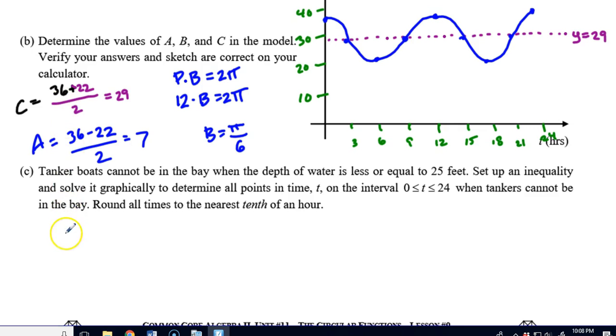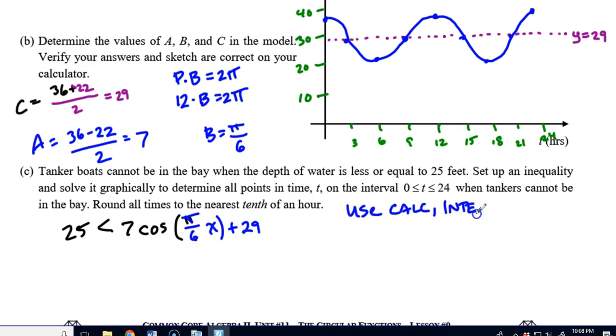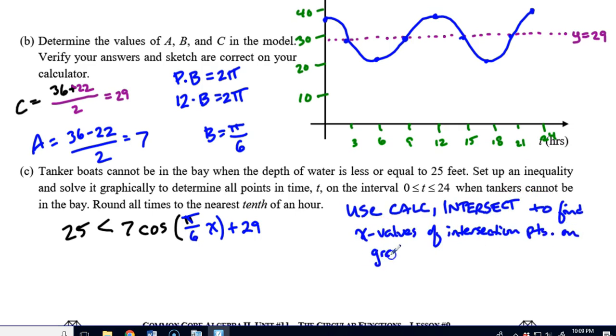So we're going to set up something here with that same equation we just entered. 7 times the cosine. And we're just going to put that into our calculator. So we're looking at this line right here.